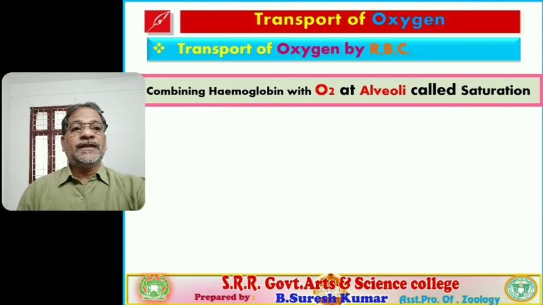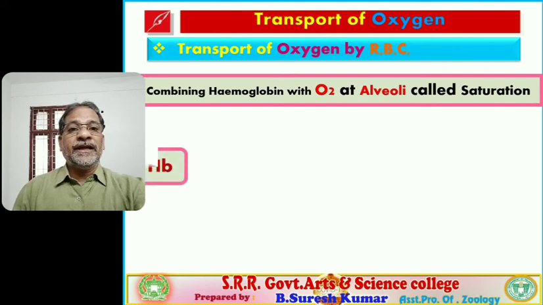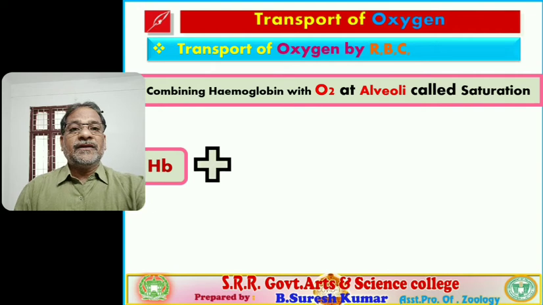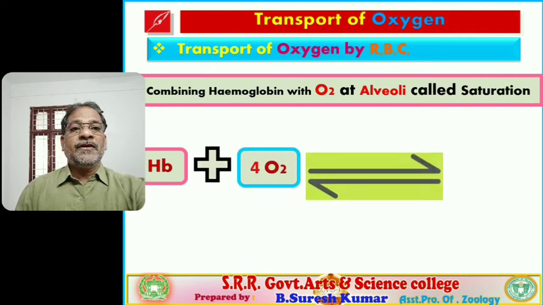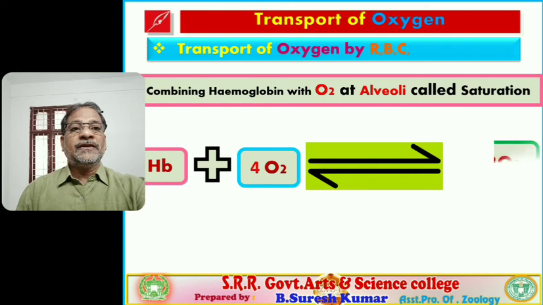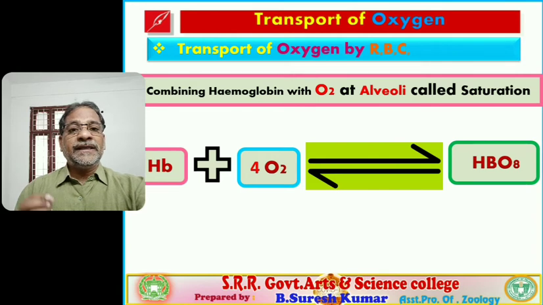So the saturation point is the alveoli, right? Here the hemoglobin combines with four oxygen molecules and becomes oxyhemoglobin. So this is saturation. Oxyhemoglobin HbO8 is an unstable compound.